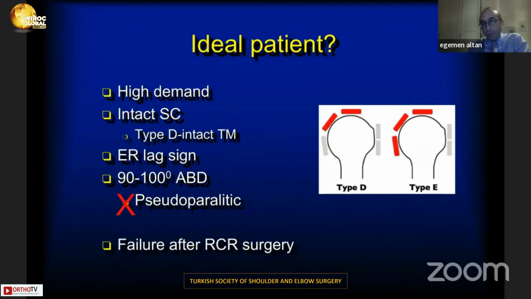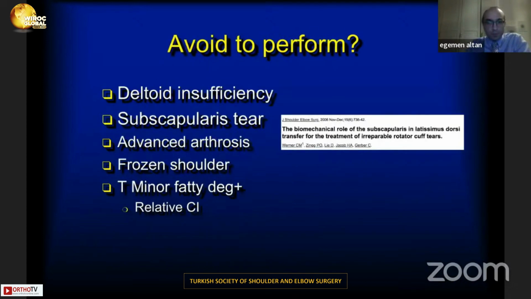For example, if you have a high demand patient with an intact subscapularis, and if you have an external lag sign, and if you have 90 or 100 degrees of abduction, you can be an ideal patient for latissimus dorsi transfer. You mustn't be pseudoparalytic, and if you have a failure after rotator cuff surgery, you are also a really good ideal patient.